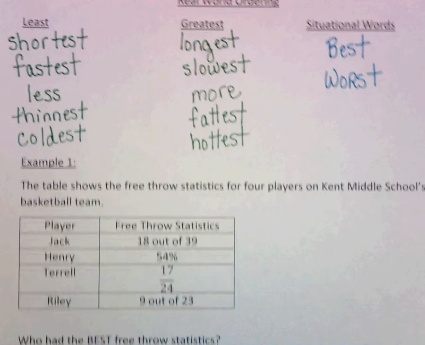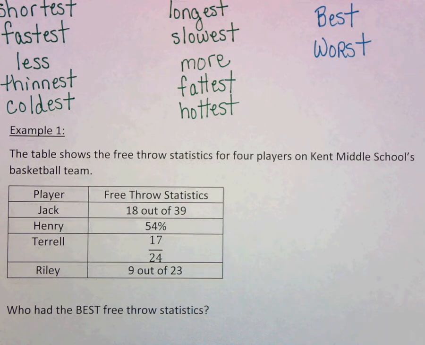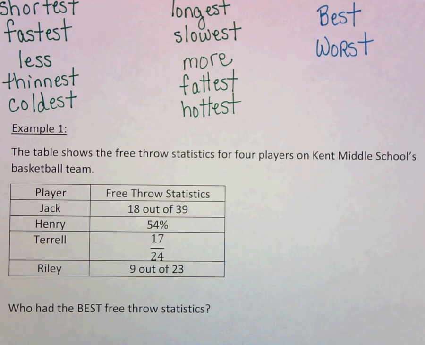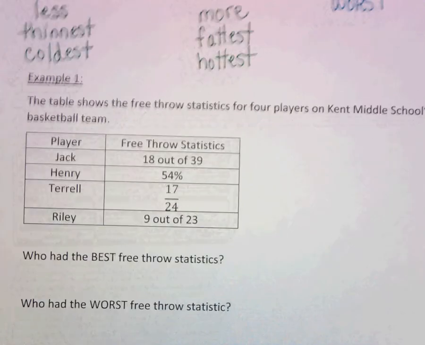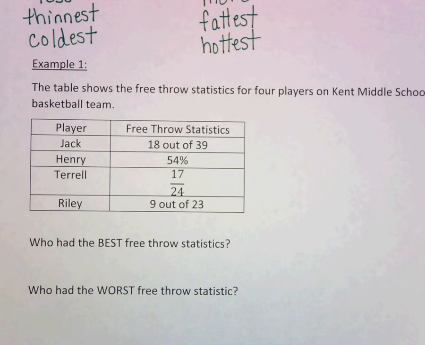Okay, so let's look at this example. It says the table shows the free throw statistics for 4 players at Kent Middle School's basketball team. And it's asking us who had the best free throw statistics and who had the worst.